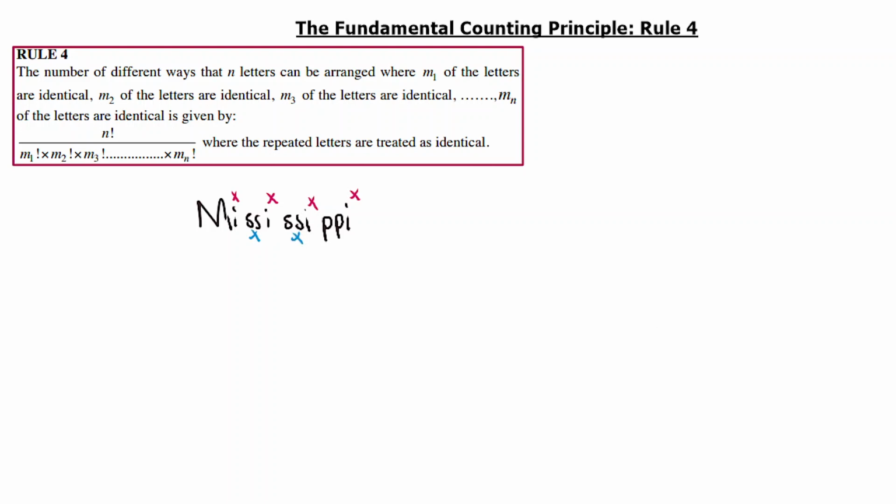So the S's are treated as identical, and the P's are treated as identical. To answer this one, we have to use rule number 4. So when we have identical ones, it's n divided by m1 factorial times m2 factorial times m3 factorial.